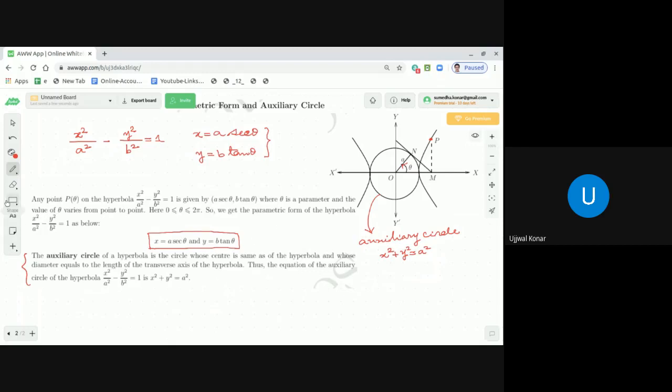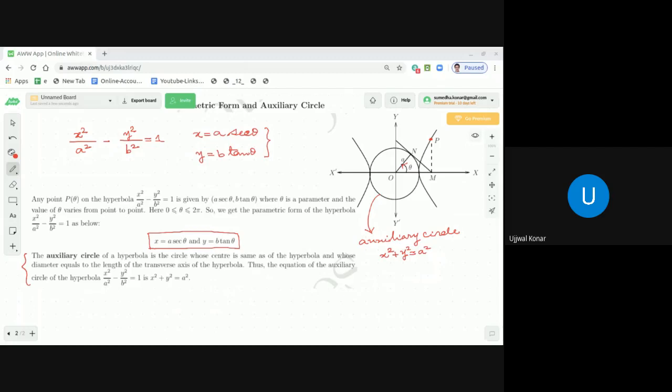Correct, dear students? Now we move to the next topic, that is called the focal distance, and we are going to understand about that focal distance in detail. Let me explain the focal distance on the next page.